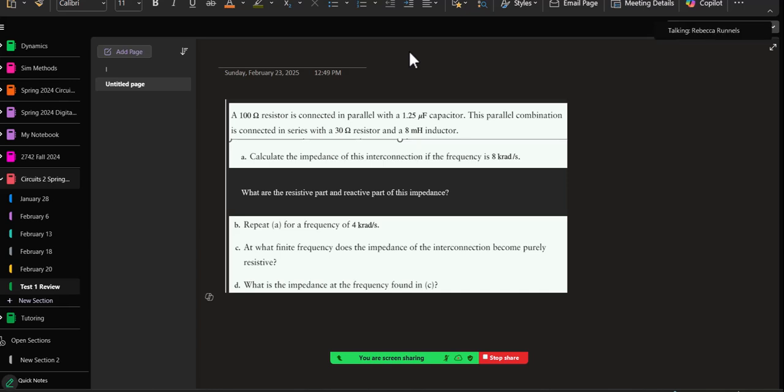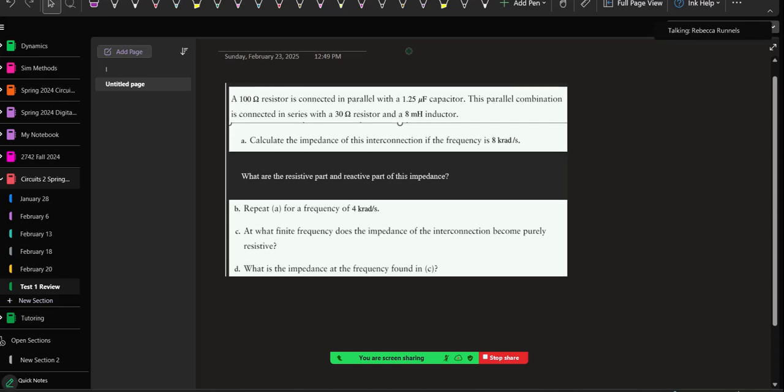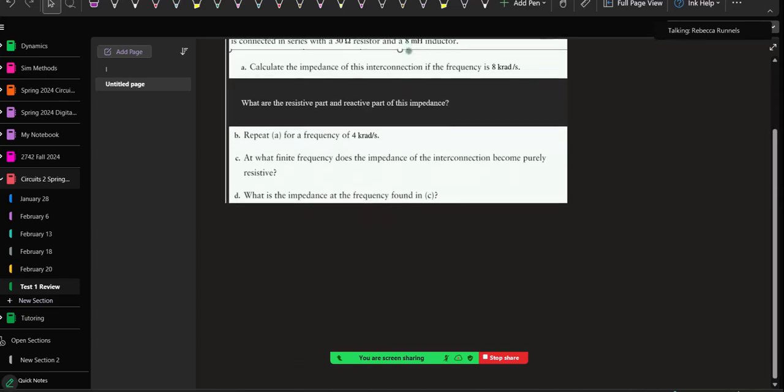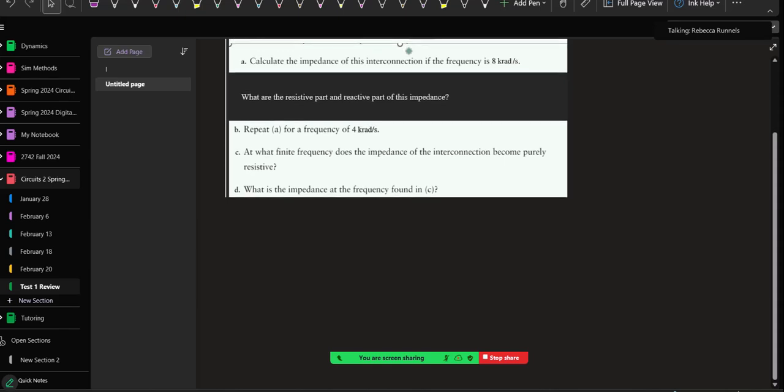Okay, great. Now we have a 100 ohm resistor connected in parallel with a 1.25 microfarad capacitor, and this parallel combination is connected in series with a 30 ohm resistor and an 8 millihenry inductor. Calculate the impedance of this interconnection if the frequency is 8 kiloradians per second.